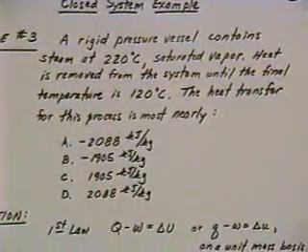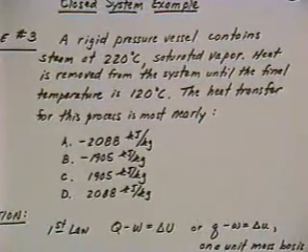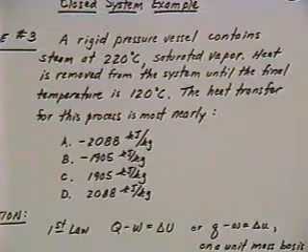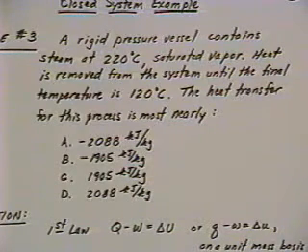Okay. So this is a closed system example. We've got a rigid pressure vessel that contains steam at 220 degrees C, saturated vapor. Heat is removed from the system until the final temperature is 120 degrees C. The heat transfer for this process is most nearly... Now, this is the way the problems are worded.